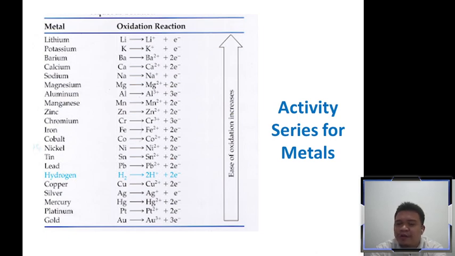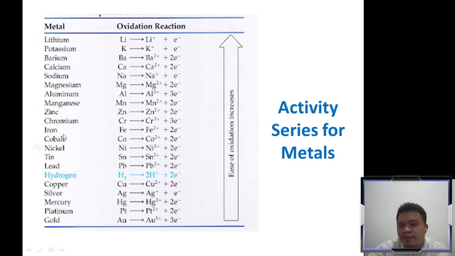So how do you use this? As you go up the list, the activity of the metals increases. Meaning to say, the higher the metal is on the list, the more active it is compared to the lower metals. So for example, as you can see here, lithium is the most active metal on this list, while gold is the least active.